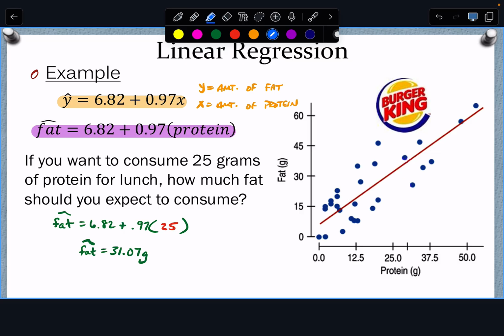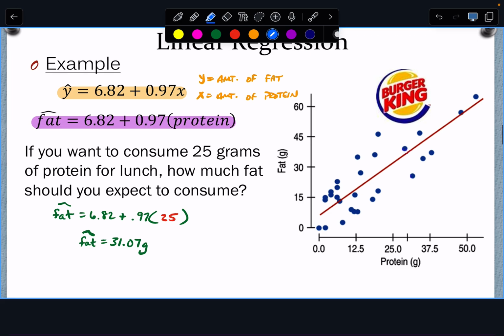Maybe the model continues, maybe it doesn't. Maybe it levels off, maybe it changes direction. So when they ask you to extrapolate, we cannot put any level of confidence in that guess because we have no idea what happens outside of the scope that we looked at. We know what the pattern looks like for us. Outside of that could be anything. So we try to avoid extrapolating whenever possible.